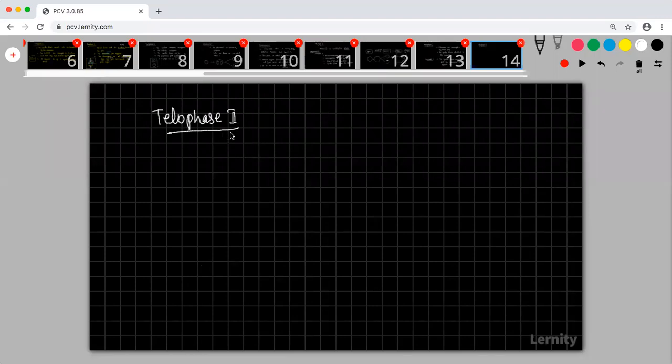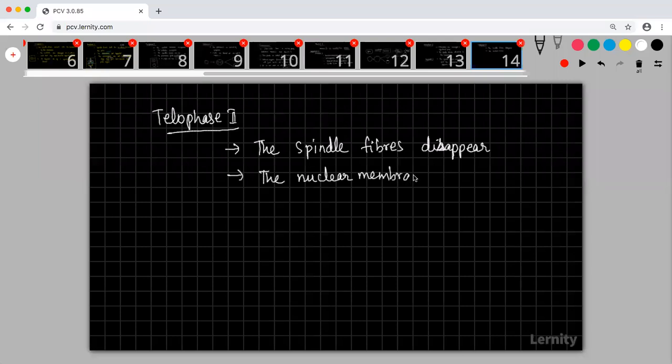So, in telophase, what happens? The spindle fibers disappear. The nuclear membrane reappears.